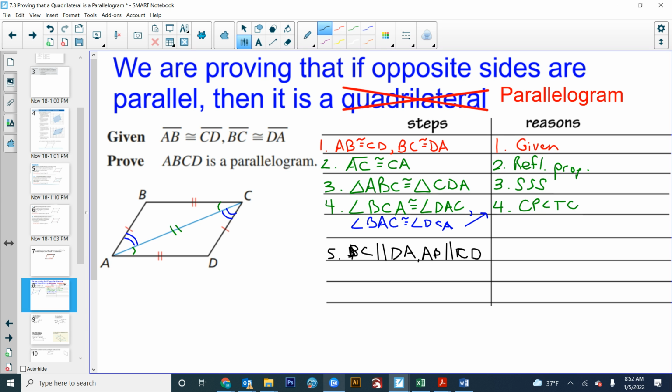What's the reason for that step? Callie? Is it the converse of the alternate interior angles? Yep.